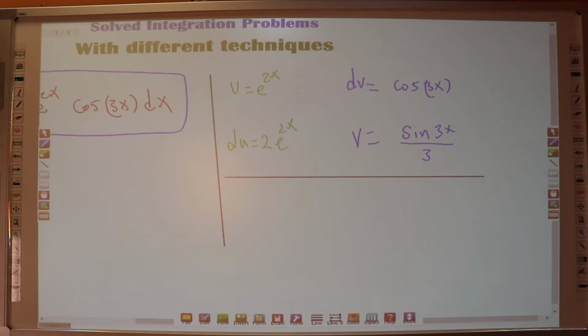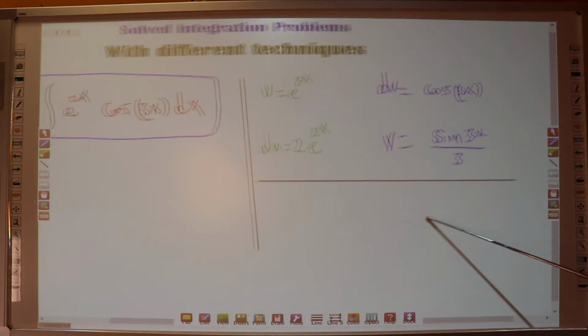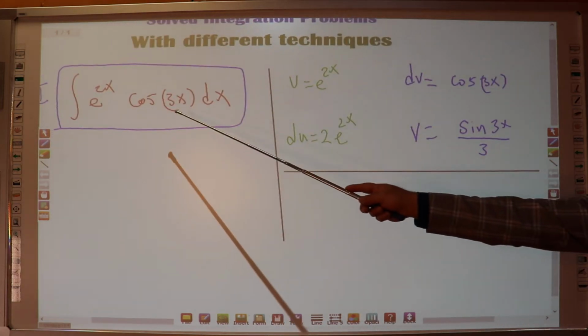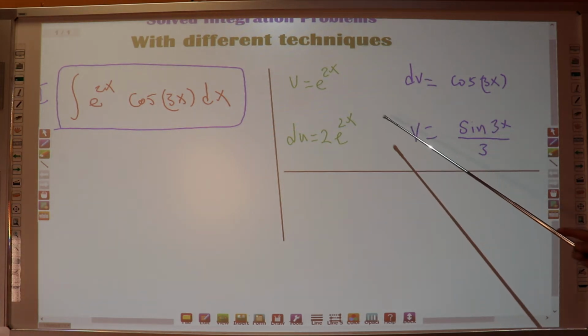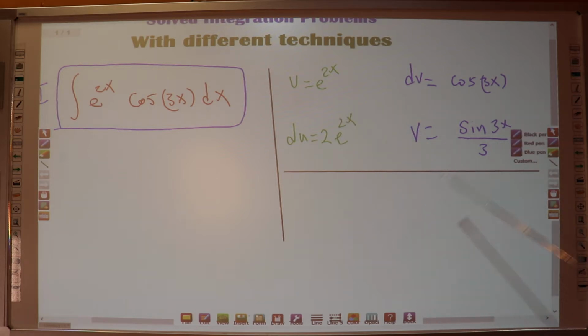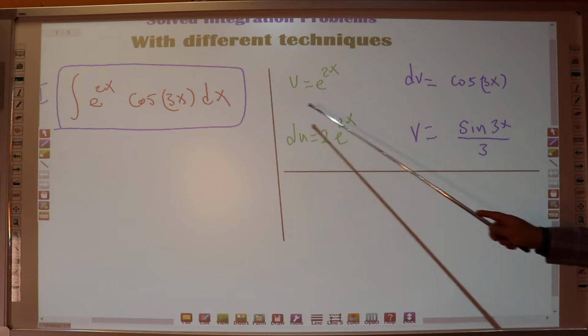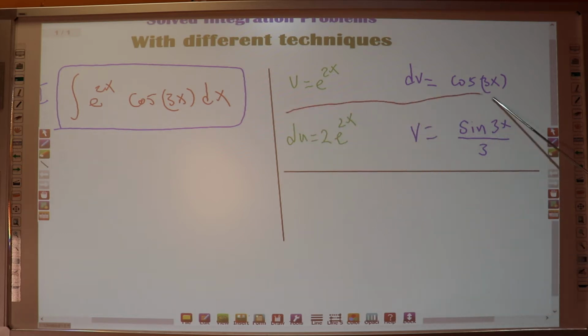Look what I'm going to do now. Because I know this integration, I have to do it twice. I'm going to use the second bar here as my u and dv.